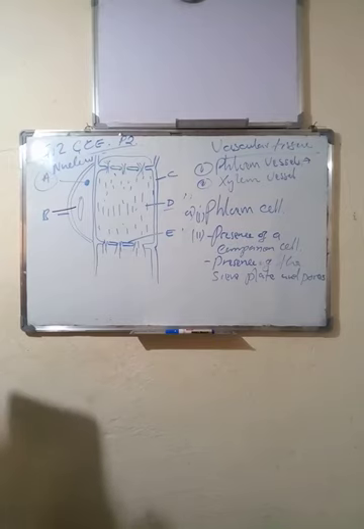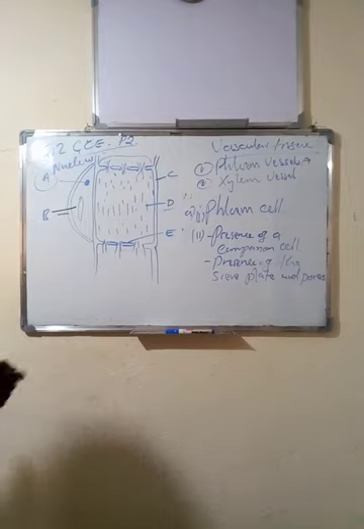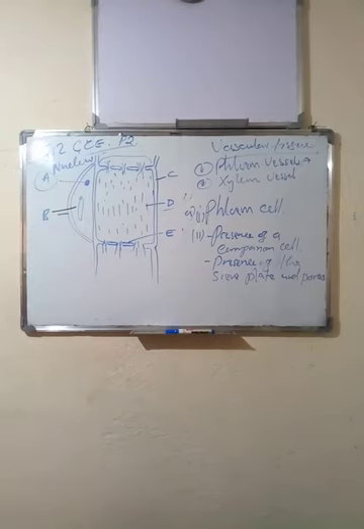part B of the question says, give two functions of the cell labeled B. So what are the functions of the cell labeled B? What did we call the cell B? We said that the cell B is the companion cell. Okay.